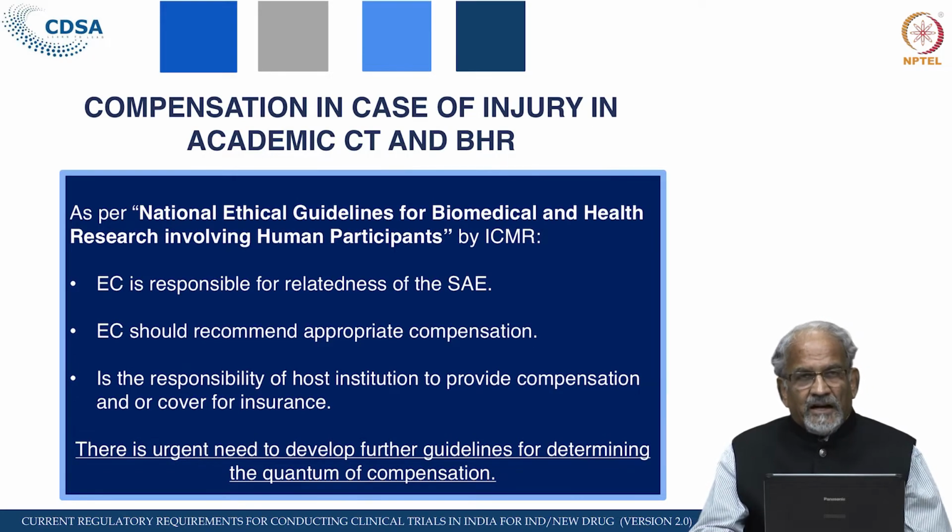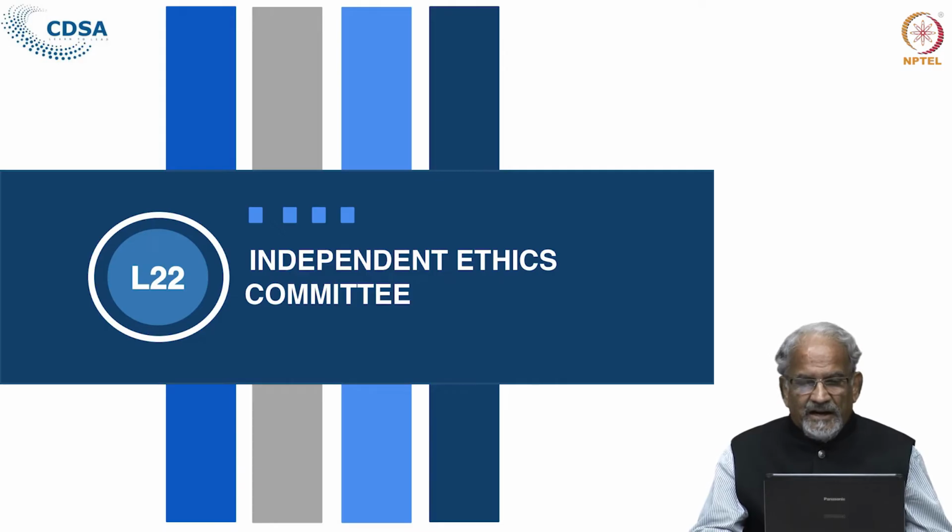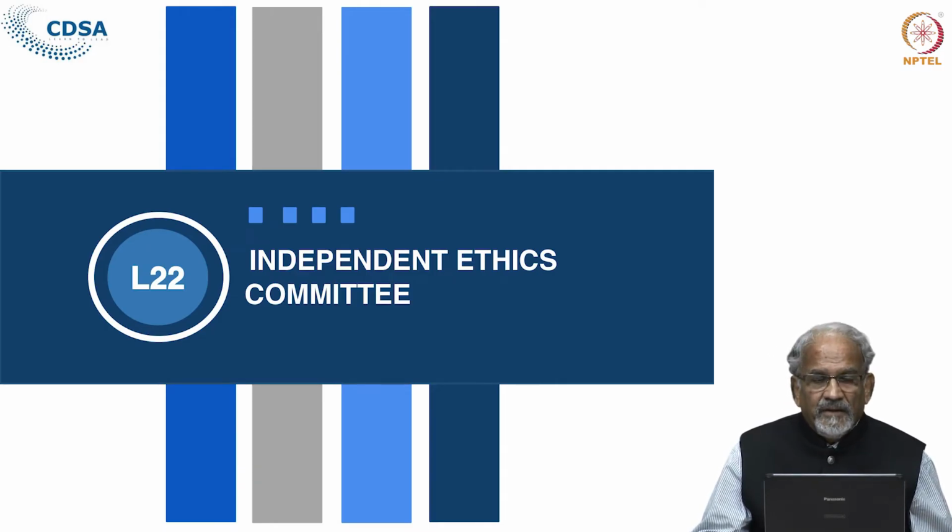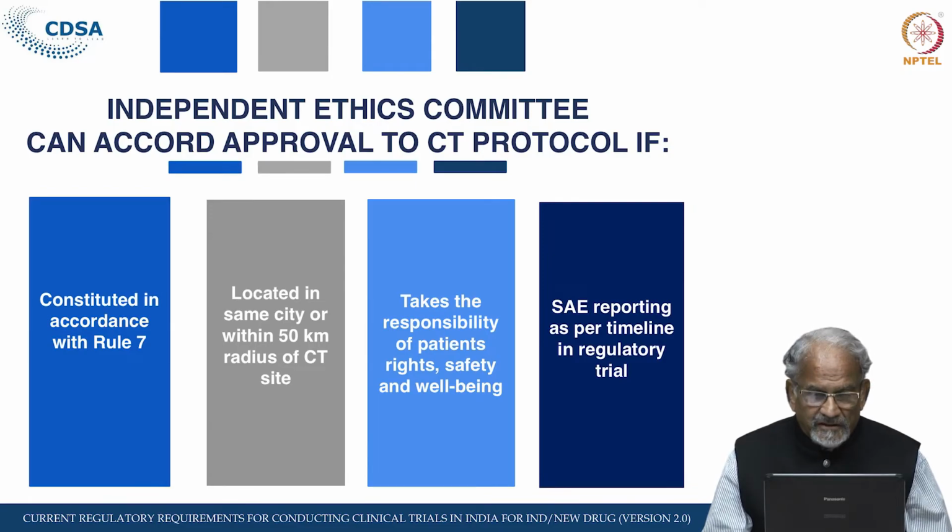There is now a requirement for clarity on the ethics committee. One is called the independent ethics committee. Independent ethics committee, in addition to the institutional ethics committee, can accord approval of clinical trial protocol if it is constituted in accordance with Rule 7, which gives the constitution, and if it is located in the same city or within 50 kilometers of radius of the clinical trial site.